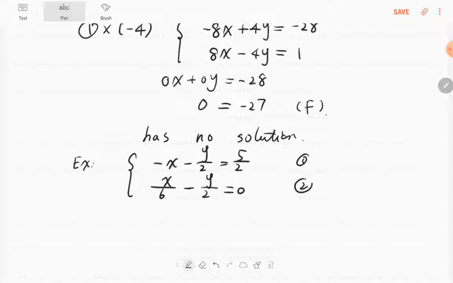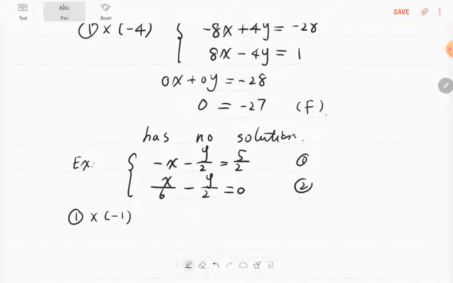So what can we do to make them opposites? Maybe we just need to change the negative 1/2 to the positive 1/2 for the first one. What should we do? If we multiply the equation by negative 1, then we will get the positive 1/2 for the coefficient of y.